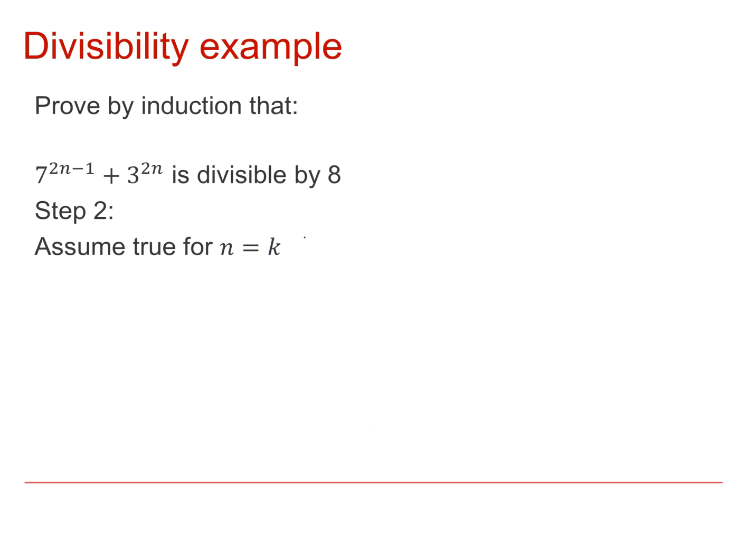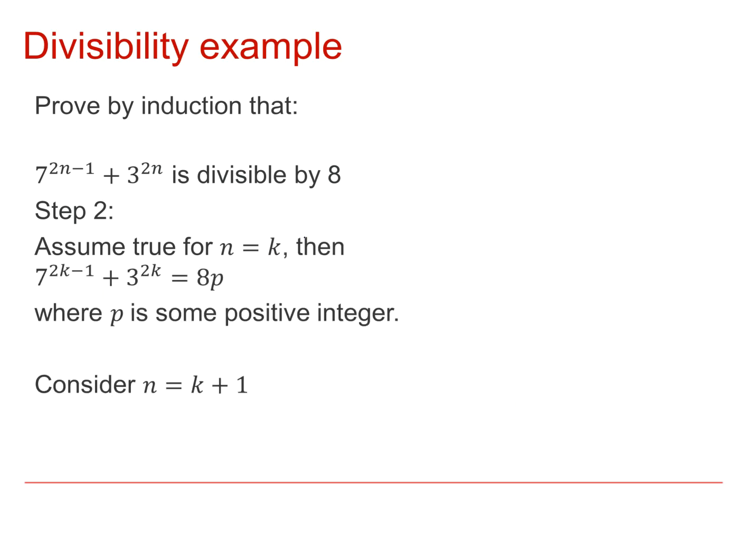Then we need to assume that the result is true for n equals k. And we should write down what that assumption means. In this case, we're saying that 7 to the 2k minus 1 plus 3 to the 2k is equal to 8p for some positive integer p. And now we need to consider the case where n equals k plus 1.